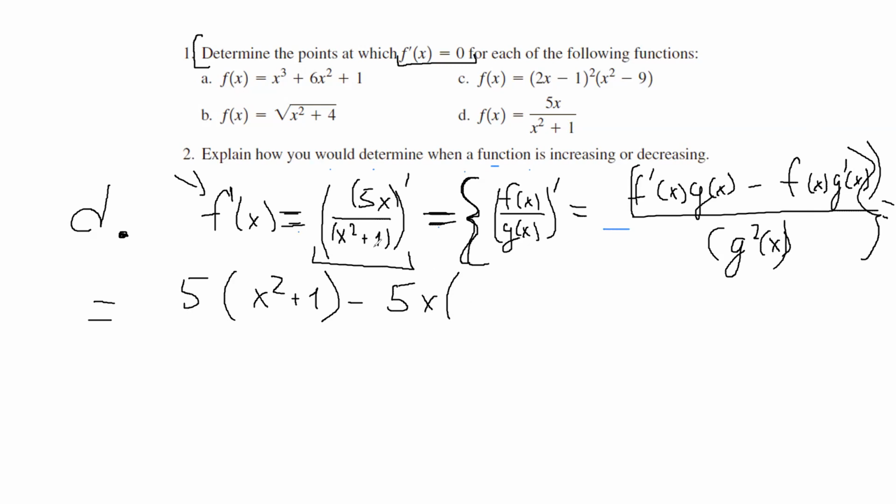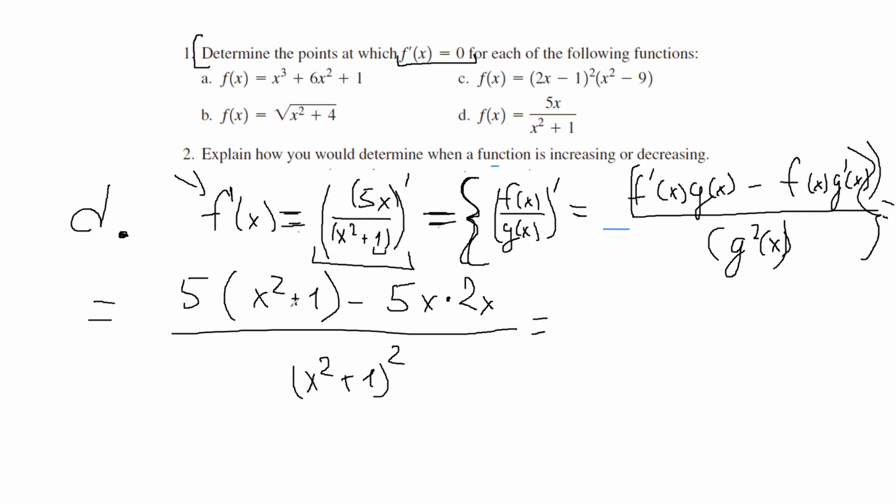And here I have a coefficient, which is 1, or a constant, right? It's not a variable. It's just a number. And x squared, if I differentiate it, I get 2x. So I will write 5x times 2x, all of this over x squared plus 1 squared. Am I right?